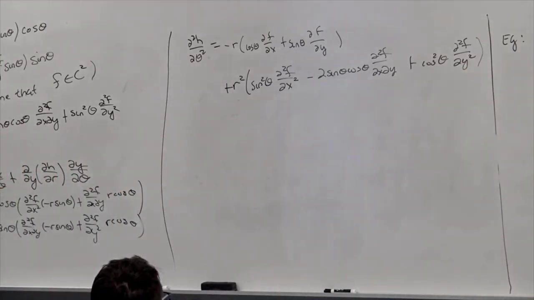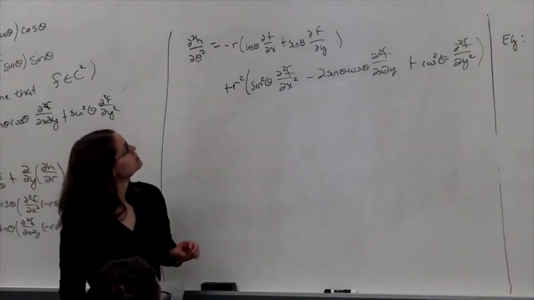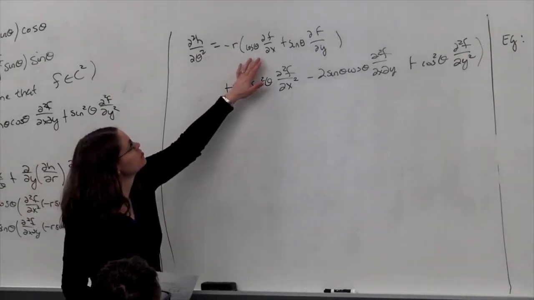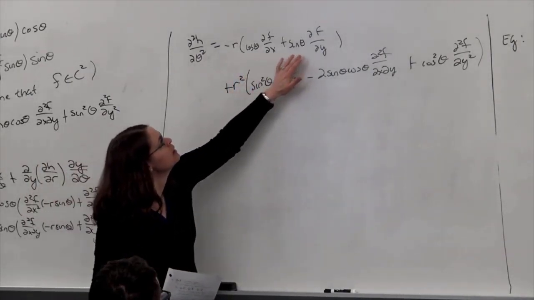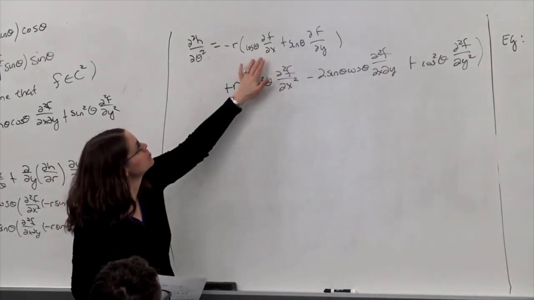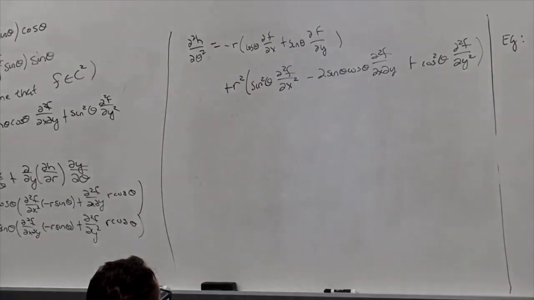So we're going to stare at this expression for a second, and let's see what we see here. This term here, we've seen one other time. Cos theta df dx plus sine theta df dy, that's actually written over here.